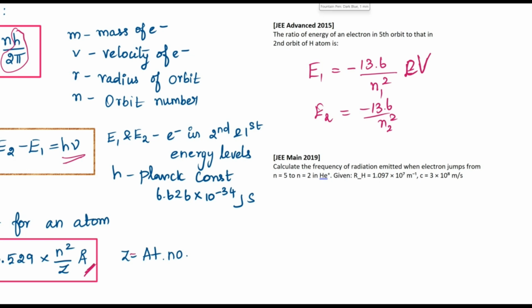We are just asking about the ratio E5 to E2. Square 25 and 2 square, that is 4. So it will come out to be 4 by 25.